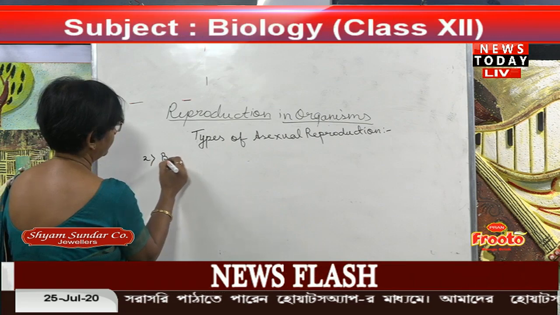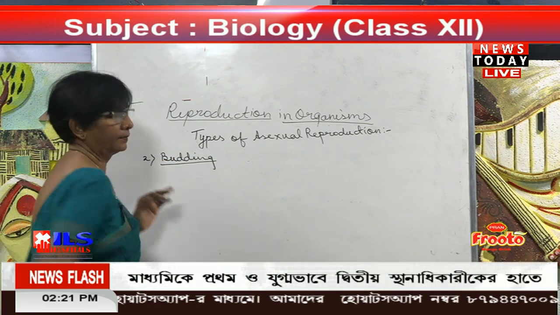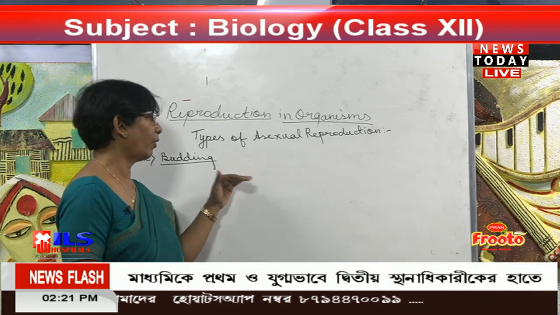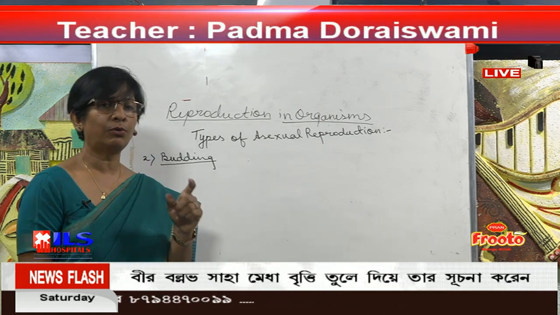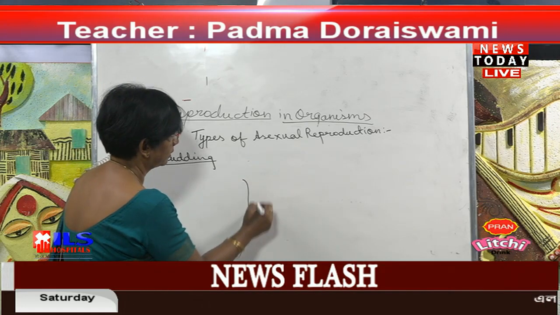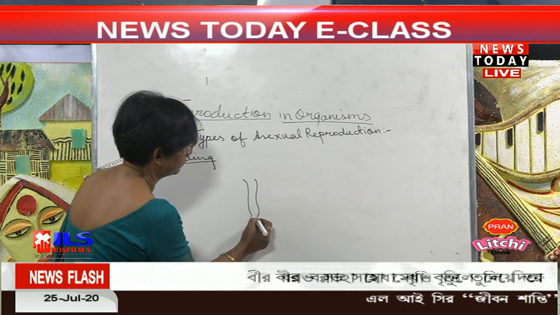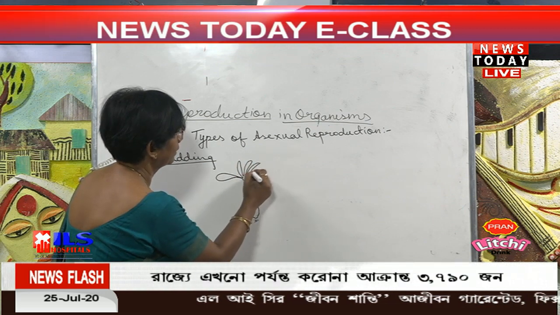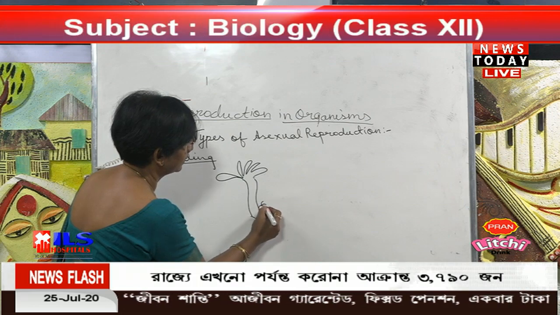The second one is budding. It is the process of reproduction in which a bud-like structure grows on the body of the parent. If you take the example of Hydra, this is the tentacles, and here a bud-like structure is formed.